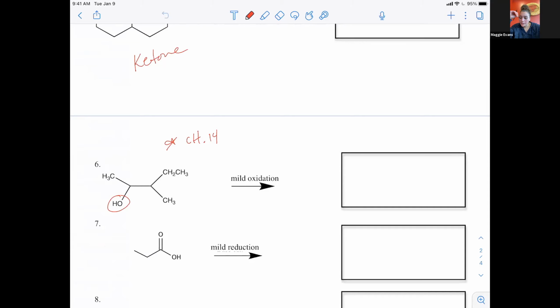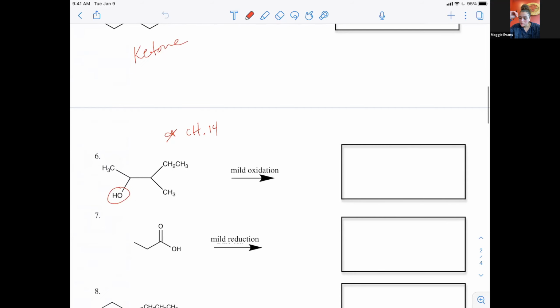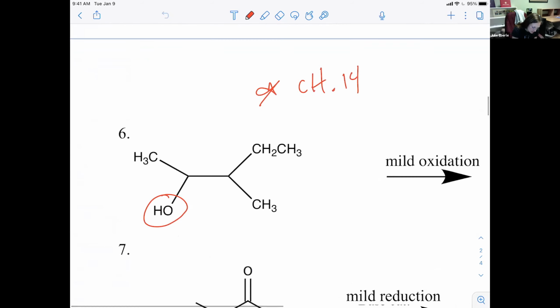Is it tertiary? Let's look and see. Here's the carbon. How do we determine if it's primary, secondary, or tertiary? Is it the carbons that are bonded to that carbon, or just how many carbons are bonded to it?